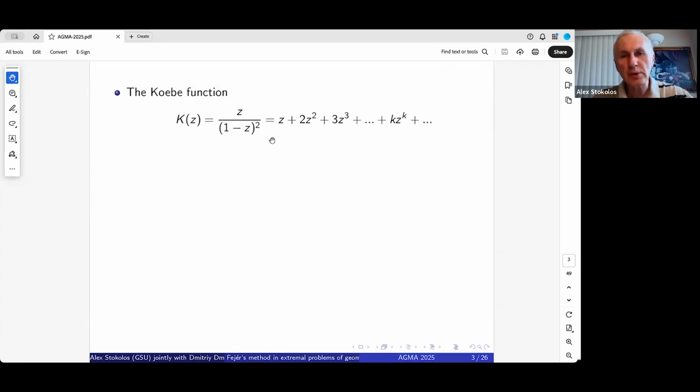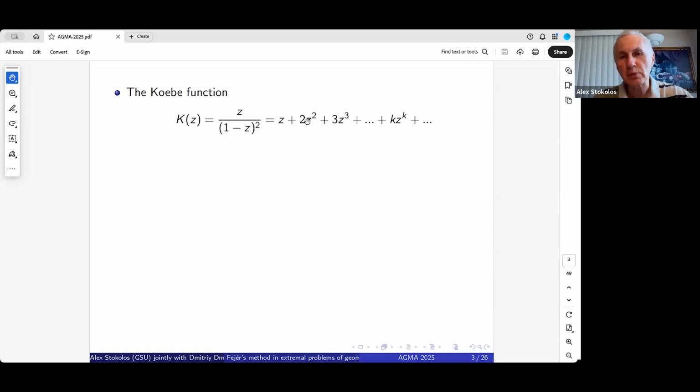In geometric complex analysis, one of the central objects, typically used to test statements or make conjectures, is the so-called Koebe function. The Koebe function is this function which has this expansion.